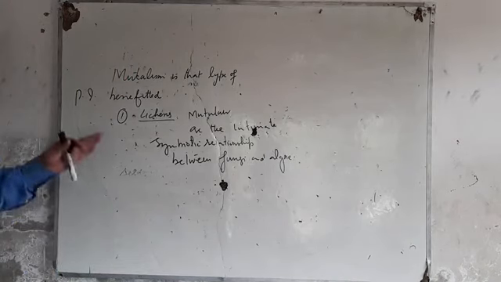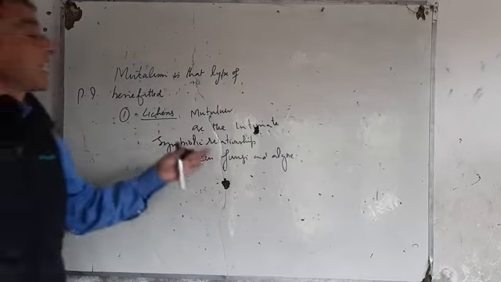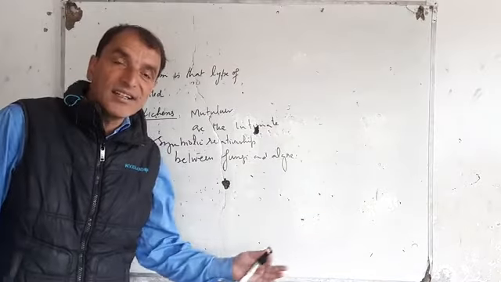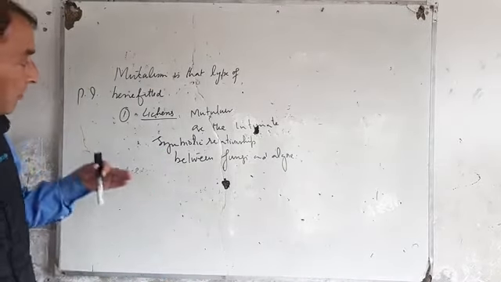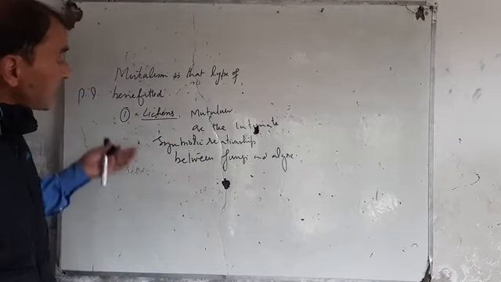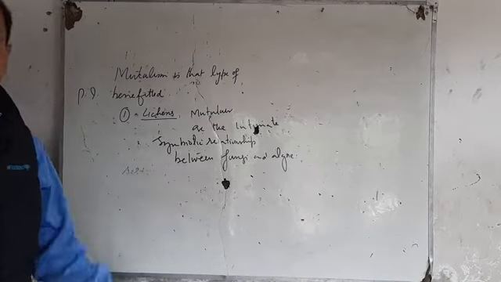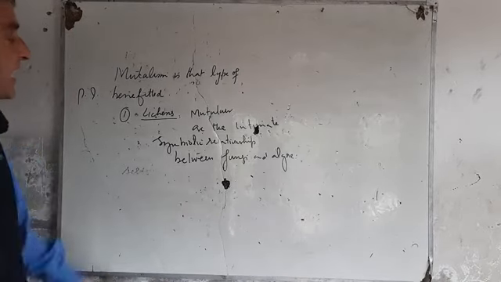Lichens are basically the intimate symbiotic relationship between fungi and algae.